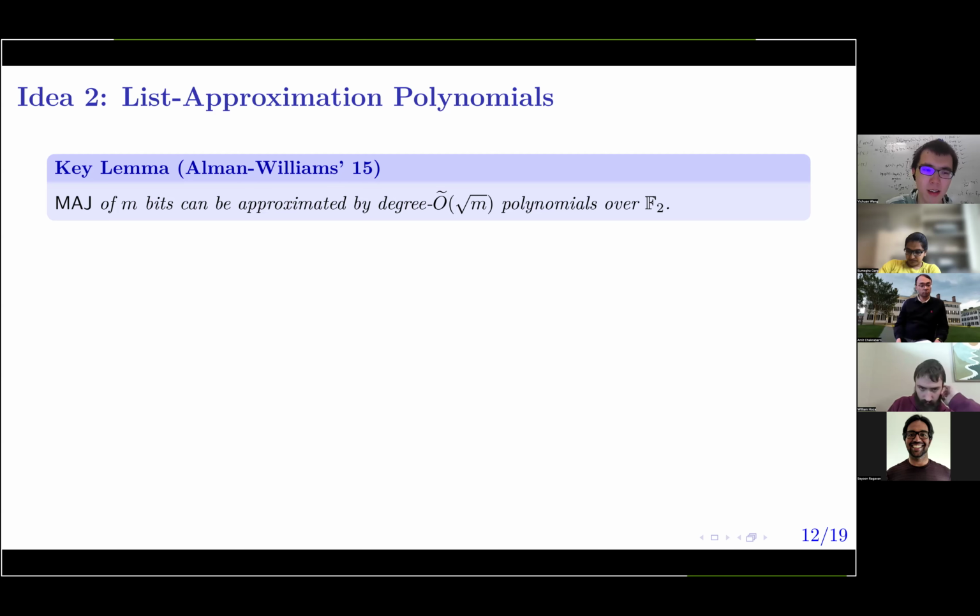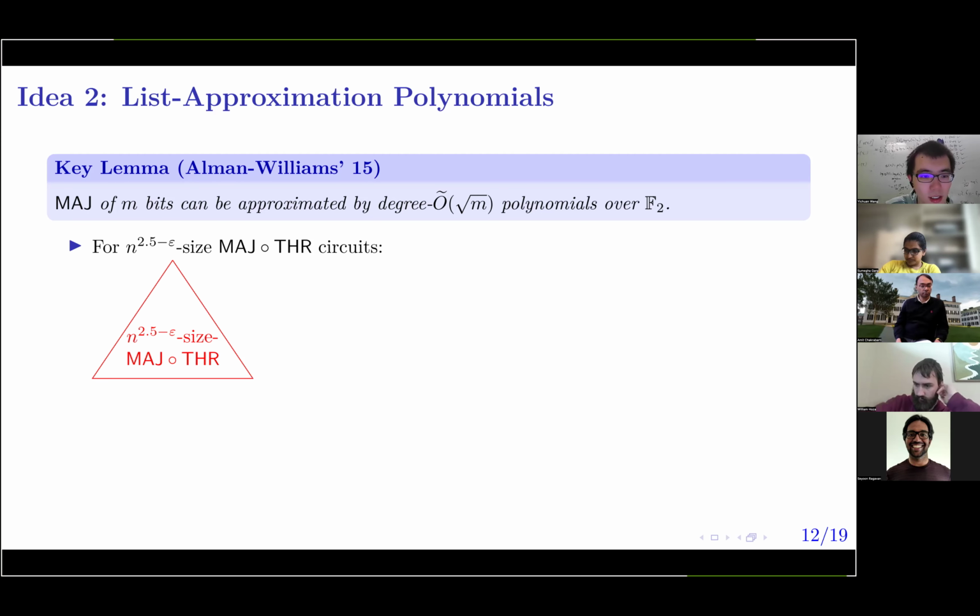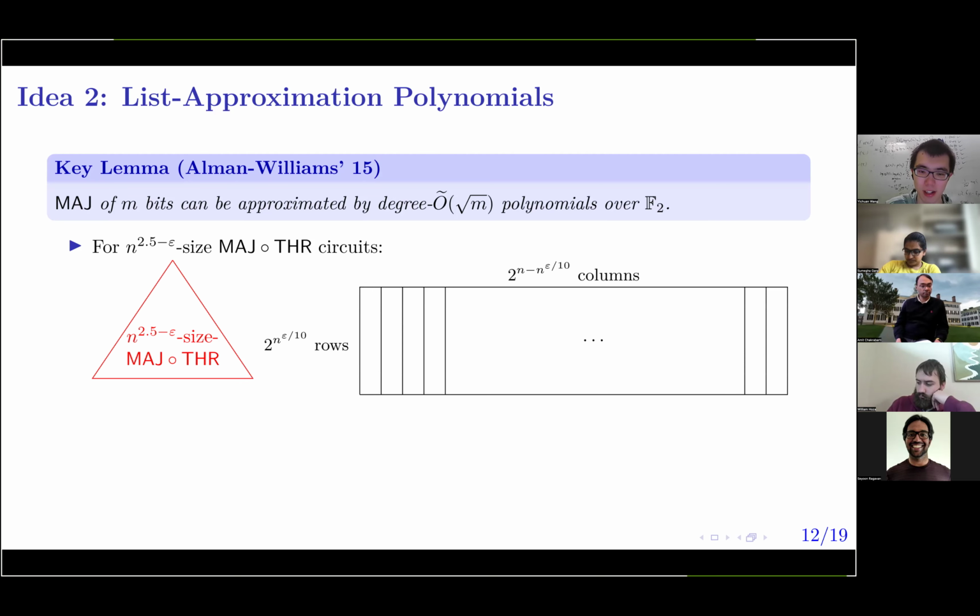Okay, so let's see what happens when we apply this polynomial approximation lemma to our n to the 2.5 size circuits. We have this n to the 2.5 circuit, and previously we write this truth table like this, and then on most columns it simplifies to n squared size. For this n squared size, we replace the top majority gate by polynomials.